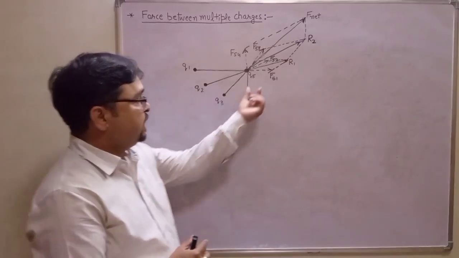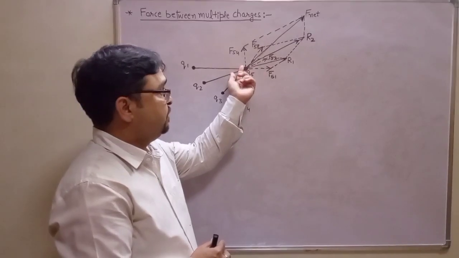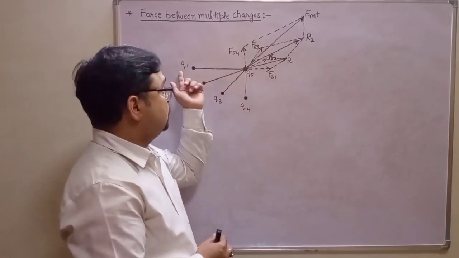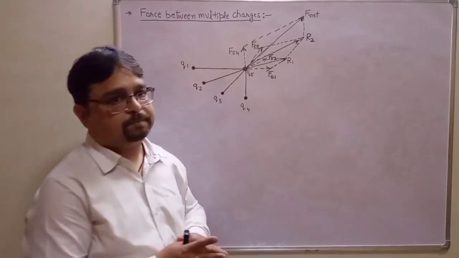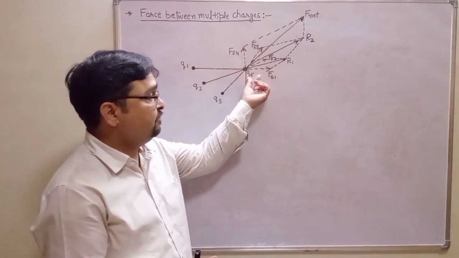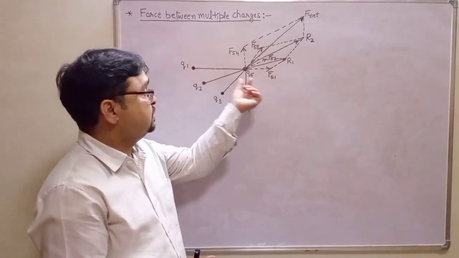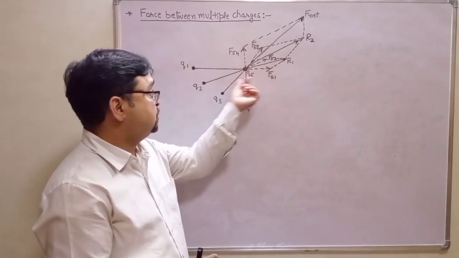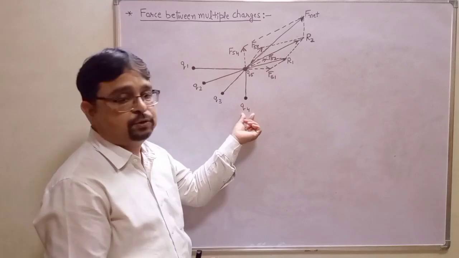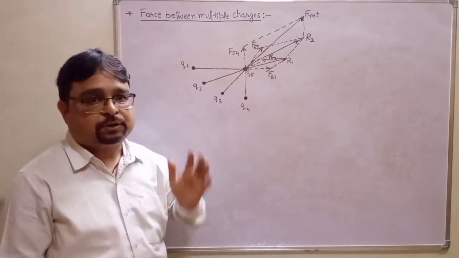And we have a test charge, you can say another charge q5, where we will try to calculate the net force due to q1, q2, q3, q4. So the problem here is the charge q5 will experience some force due to charge q1, some force due to charge q2, some force due to charge q3, some force due to charge q4.